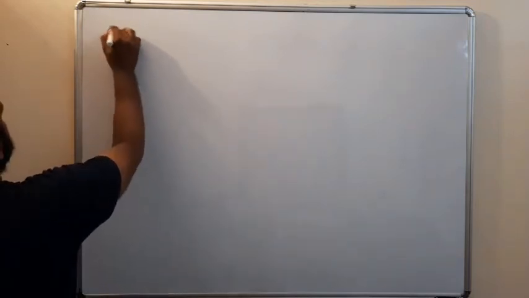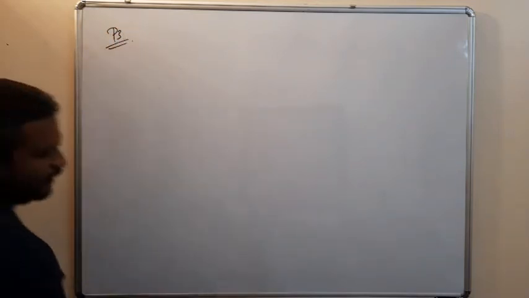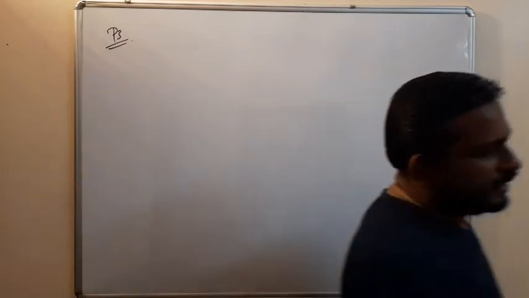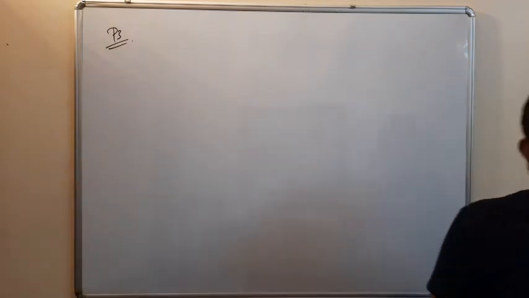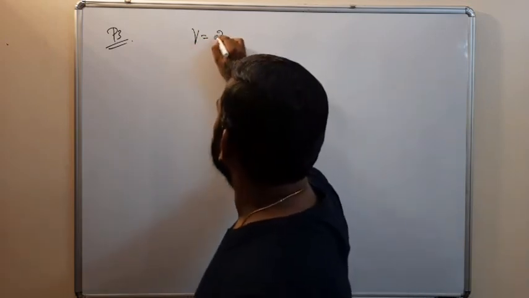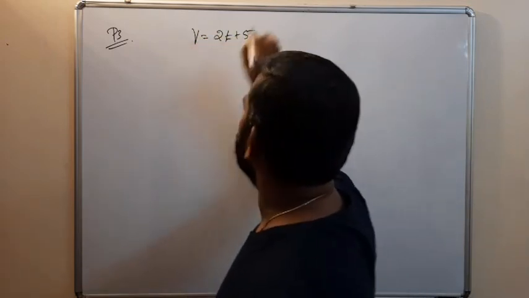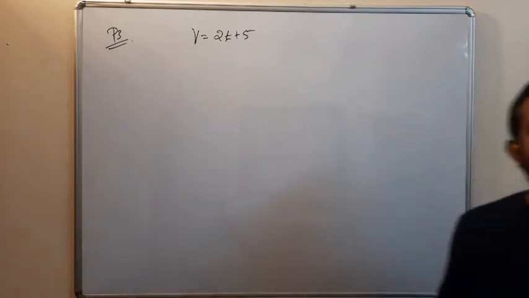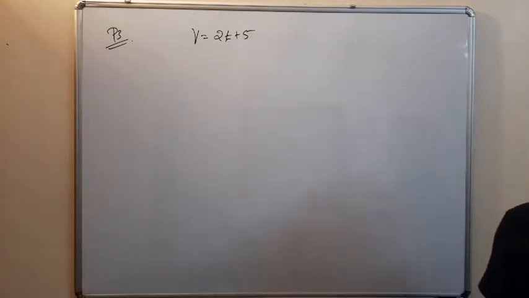So problem number 3. In a particle's motion, its instantaneous velocity is given by v is equal to 2t plus 5.